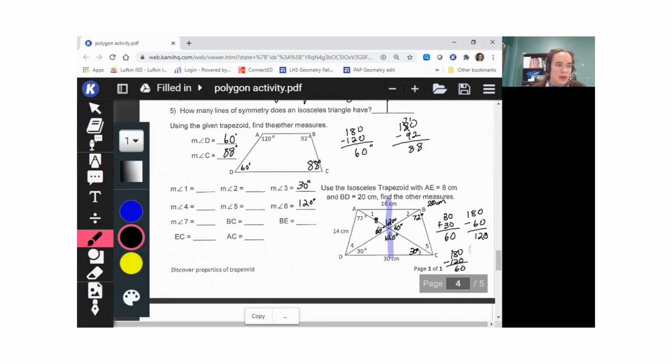Then we can find angle 4 by adding the 72 and the 60 together and getting 132, and subtracting from 180, because we had two angles in a triangle and we're looking for the third angle. And we get 48 degrees for angle 4. Angle 5, when we flip it over, is also 48 degrees.